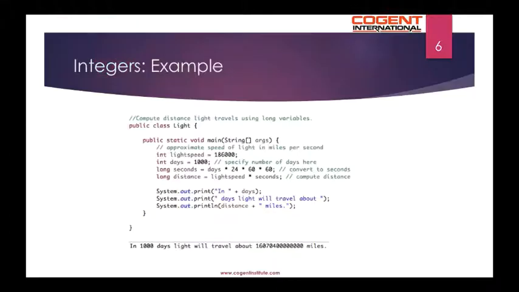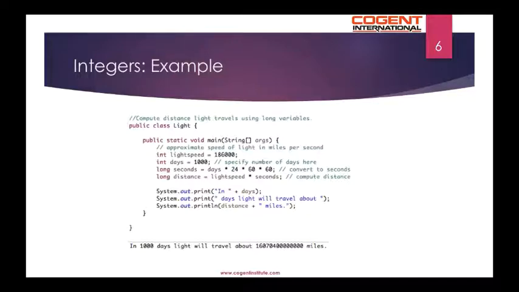Here's an example program which uses the integer data type. So we have a light speed variable of type int, and a days variable of type int. The seconds variable is of type long because the product of days multiplied by 24 into 60 results in a value which is beyond the range that an int can hold.